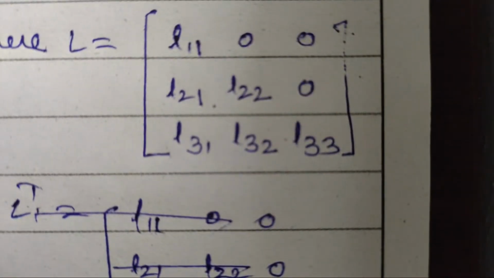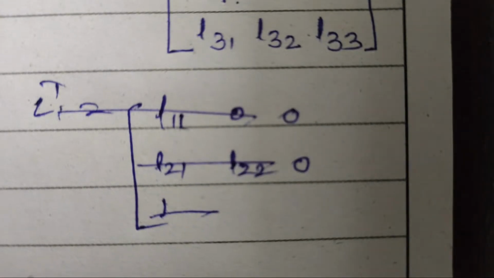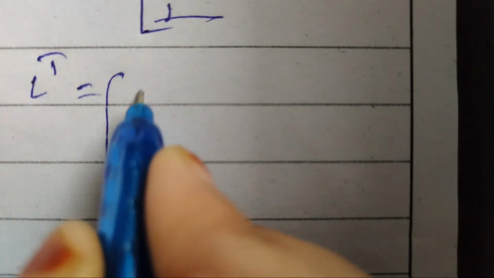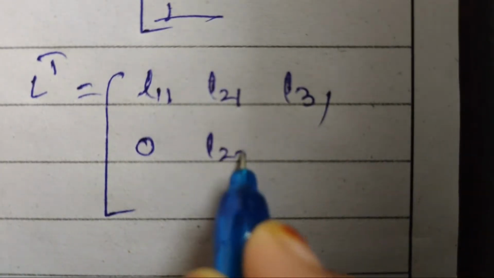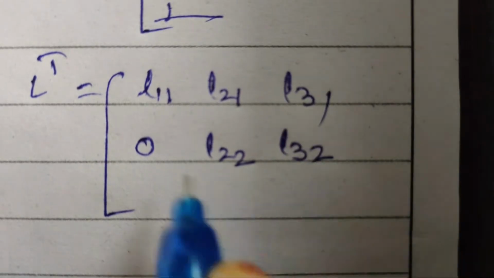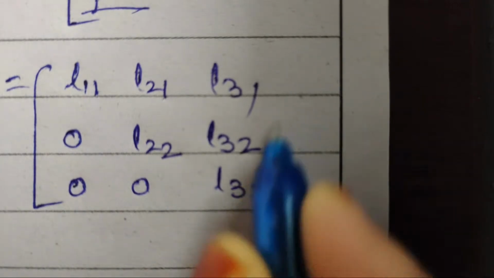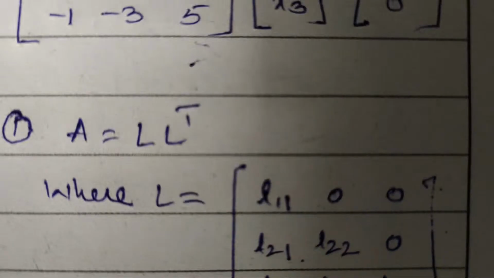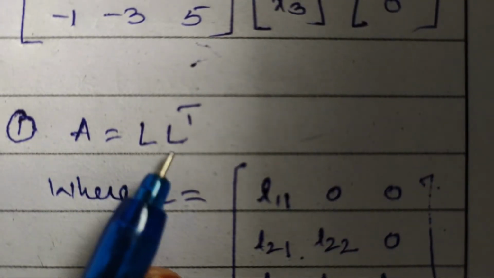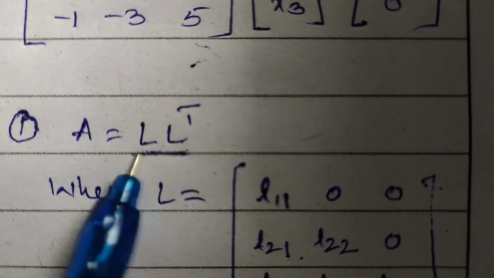Your L transpose is equal to L11, L21, L31; 0, L22, L32; 0, 0, L33. Then first we are going to solve for A equals L into L transpose. We are going to find the product of these.